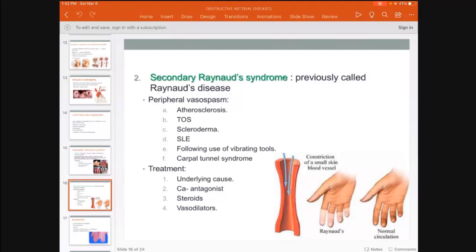Remember that: in primary, you can do sympathectomy. In secondary Raynaud, sympathectomy is contraindicated. Remember this: in the primary we can do sympathectomy; in the secondary Raynaud, it is contraindicated.